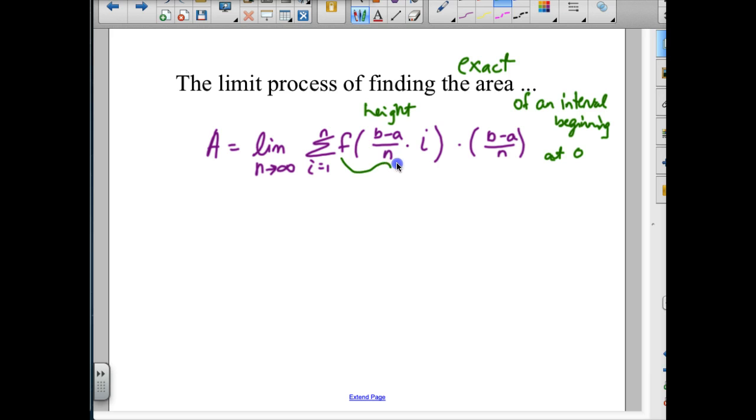But that whole thing is our height, and then this is our width. And we're going to multiply those two together. So we have to get a formula for this, a formula for that, multiply them together, do the summation of it. So that's why you learned that summation notation or reviewed it. And then finally, last thing we're going to do is take the limit. Okay, it's a big process, but doable.